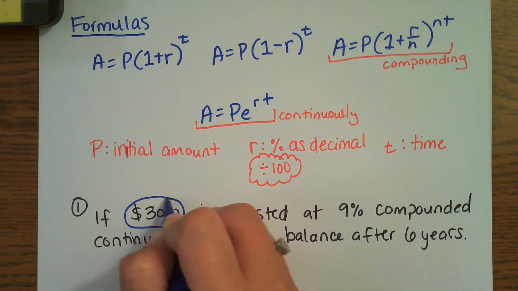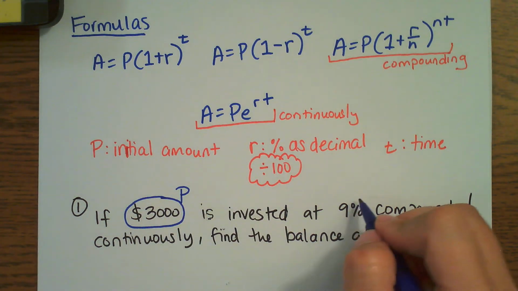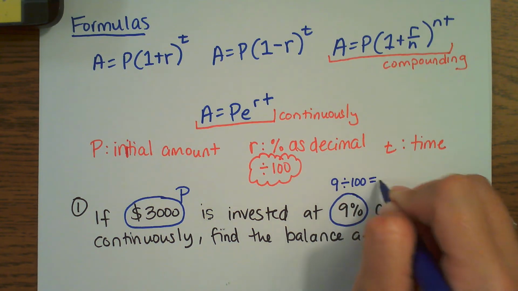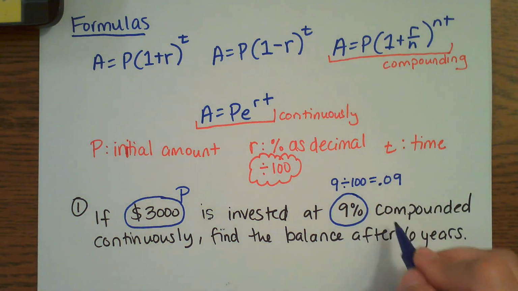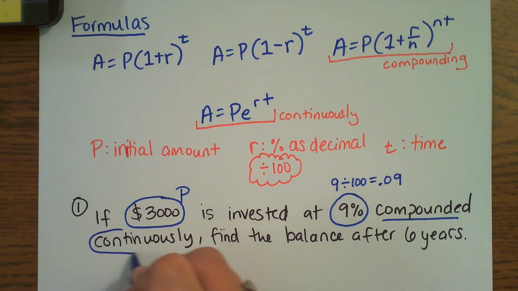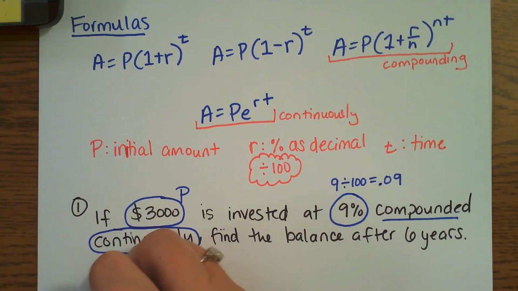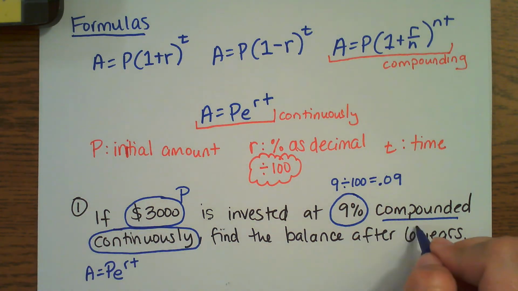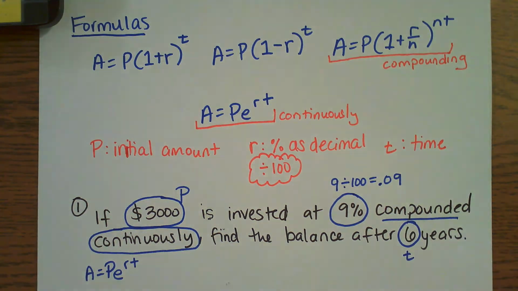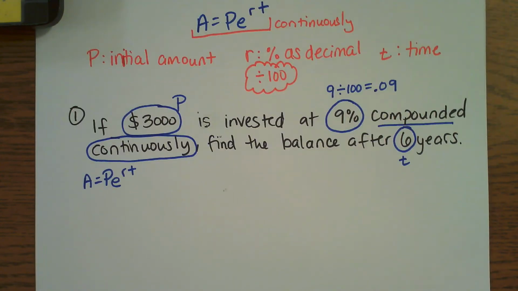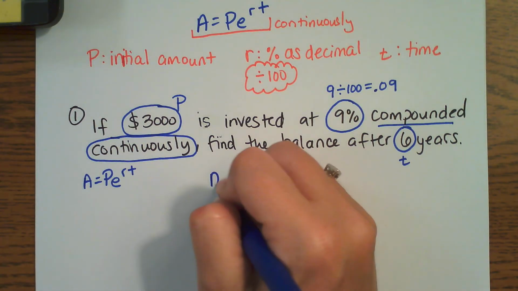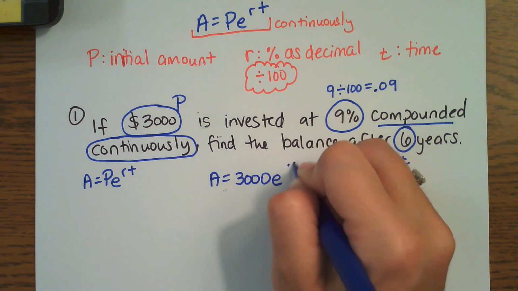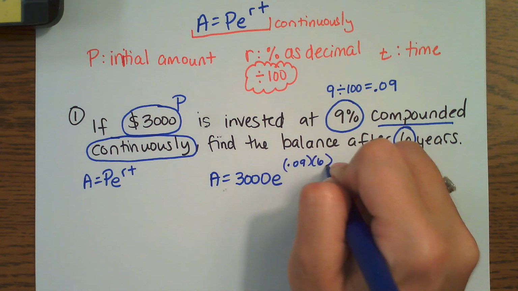So 3,000 is going to be P. 9%, I'm going to take 9 and divide it by 100, which is 0.09. Compounded continuously tells me I'm going to use the formula with the E in it. And 6 is going to be my T. So the final amount equals 3,000 times E to the 0.09 times 6.